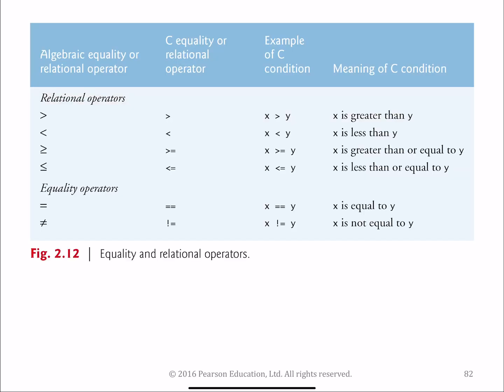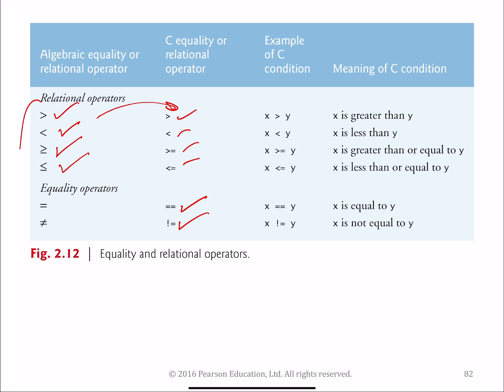So let me show you the relational operators that we have in C. There's greater than, less than, greater than or equal to, less than or equal to, and actually I should jump over here, equal to, not equal to.